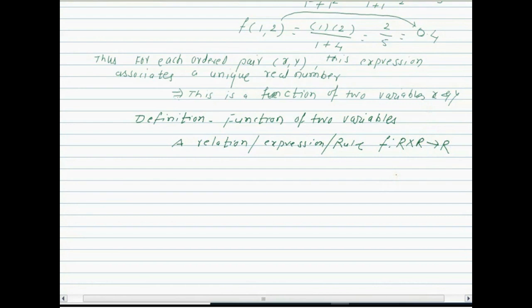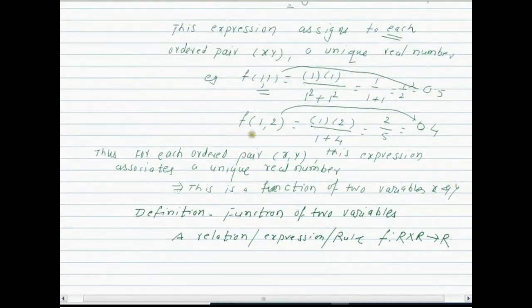What is the meaning? The meaning is it takes this ordered pair (1, 2) and we get a real number for this ordered pair. So finally, if (x, y) is an element here, for example (1, 2) is an element here, and for this (1, 2) it assigns a value, which we have seen is 0.4.